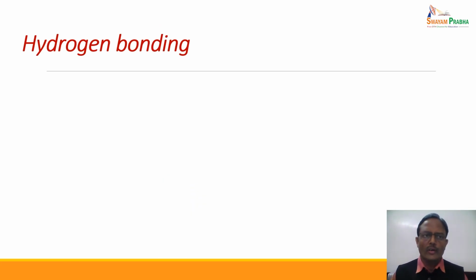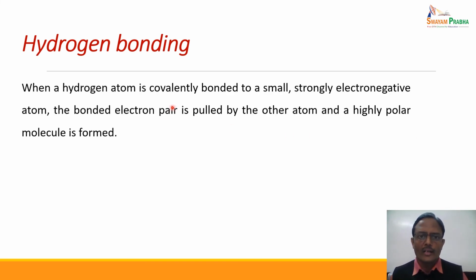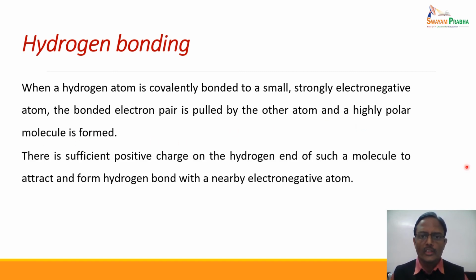One more force of attraction that exists between molecules in special cases is called hydrogen bonding. When a hydrogen atom is covalently bonded to a small, strongly electronegative atom, the bonded electron pair is pulled by the other atom and a highly polar molecule is formed, and there is a sufficient positive charge on the hydrogen end of the molecule that forms a hydrogen bond with the nearby electronegative atom of the adjacent molecule.